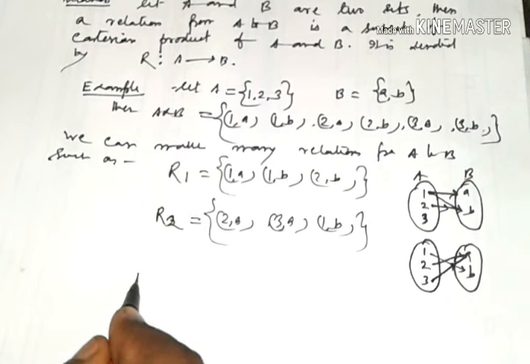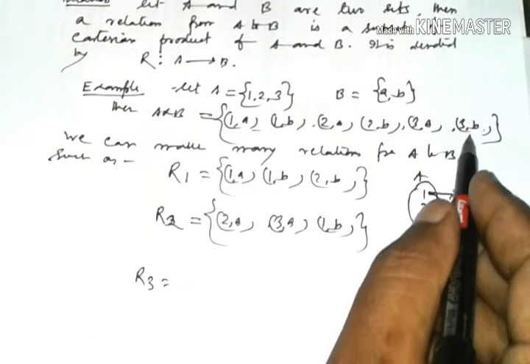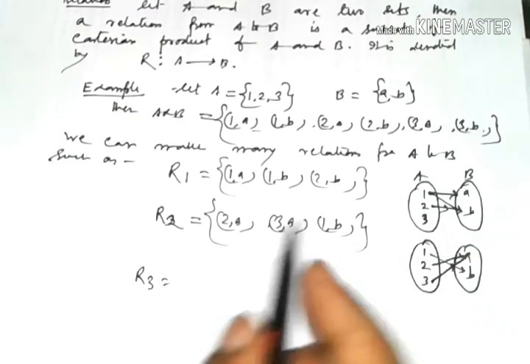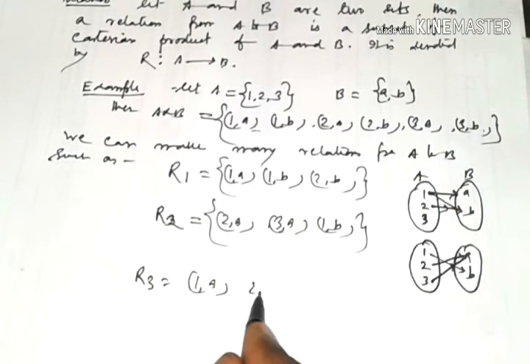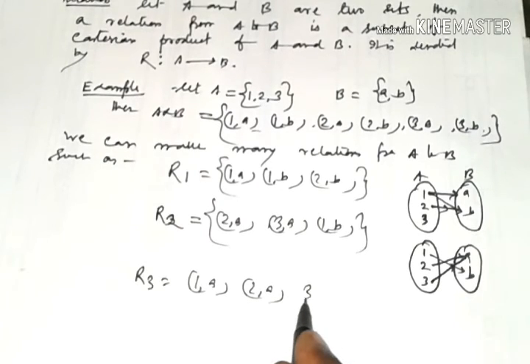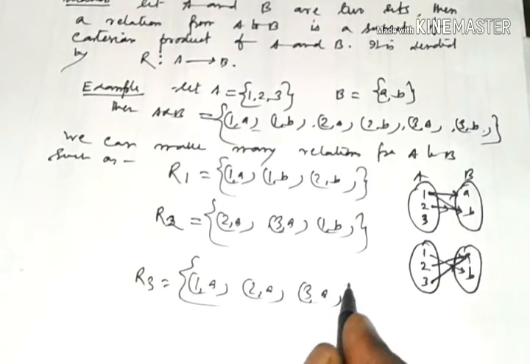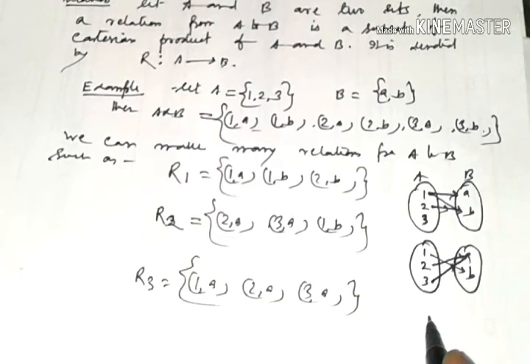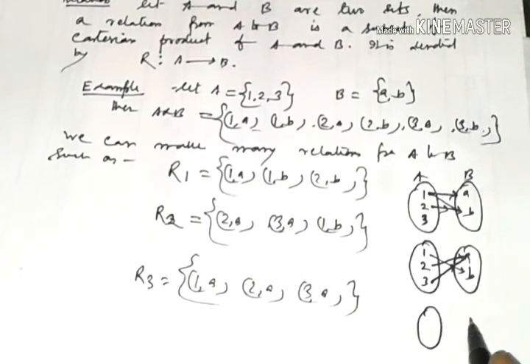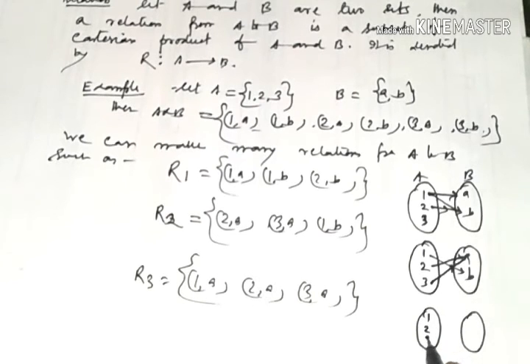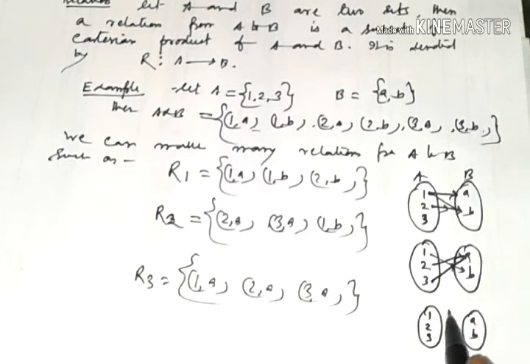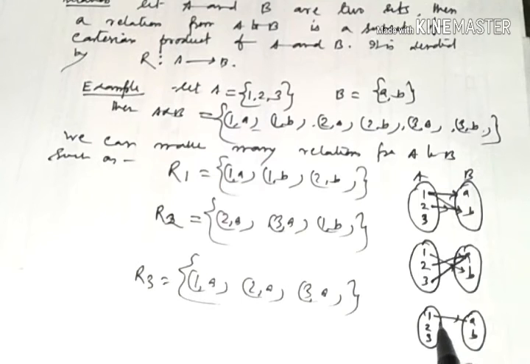We can take another relation, R3: 1a, 2a, 3a. We can draw a diagram, 1, 2, 3, a, b. 1 is related to a, 2 is related to a, 3 is related to a.